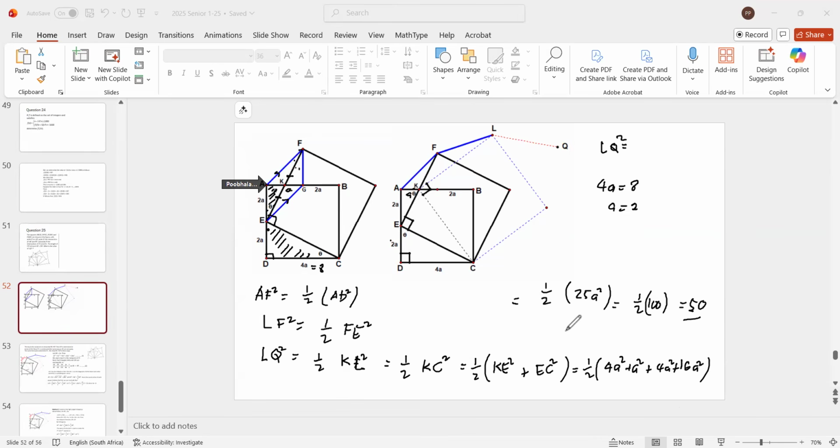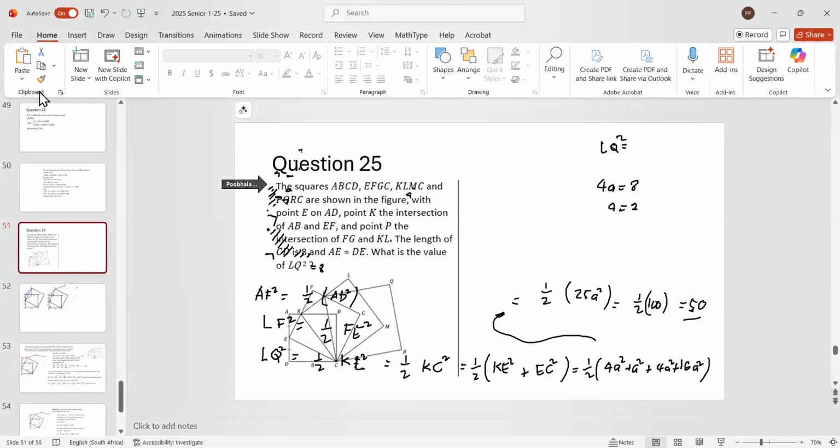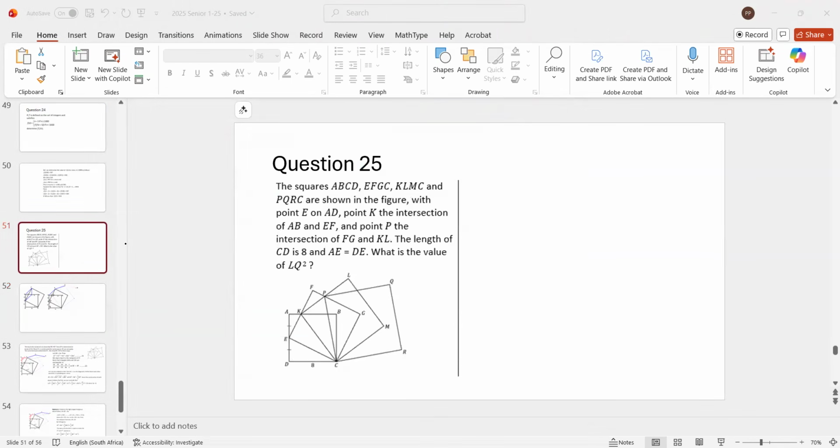Okay. And let's just go back to our original question. The LQ squared is 50. You see, there's your LQ. They've actually drawn all these squares. That is why this thing is so complicated.